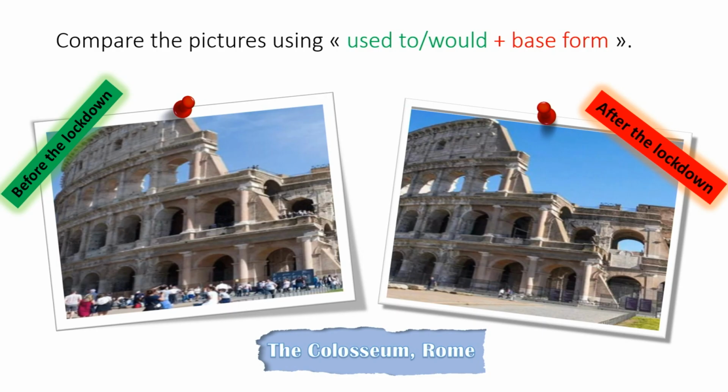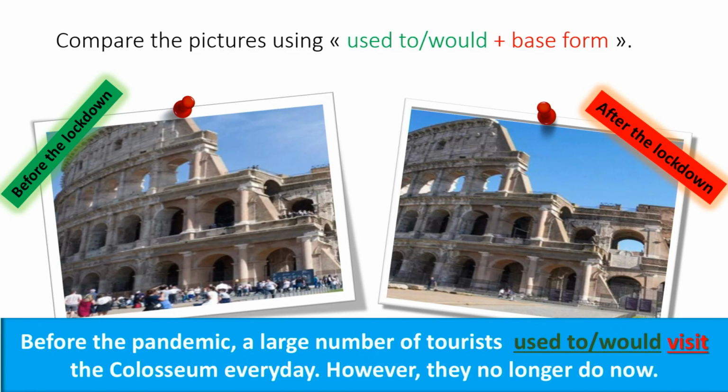And in the second picture, which is after the lockdown, it's almost empty. There are no tourists except two or three people. So let's compare the two pictures. Before the pandemic, a large number of tourists used to or would visit the Colosseum every day. However, they no longer do now.